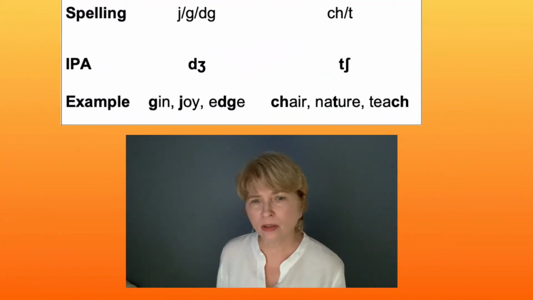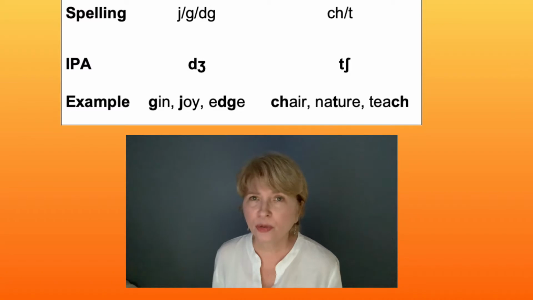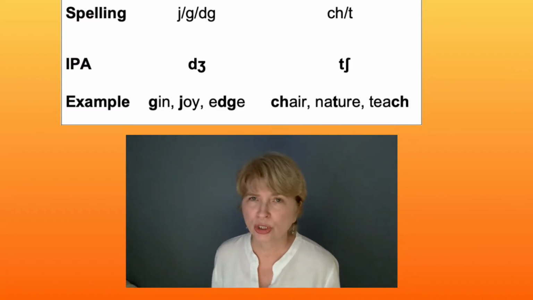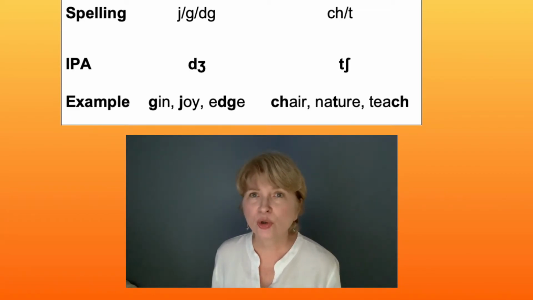Now you're going to see some unusual IPA symbols. The first one here looks like a D, but the other one is the symbol for the sound zh. If you put these together, you get the sound j, as in gin, joy, and edge.